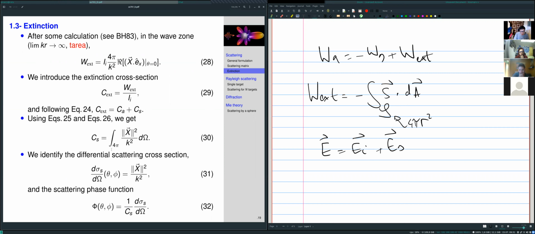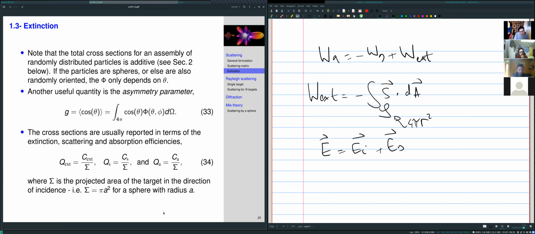So that's the total scattering cross section, and we integrate over the whole sphere, which is why we have an integral over all solid angles. Then we identify within the integrand what we call the differential scattering cross section, a cross section per unit solid angle. And the phase function is the same, but just relative to the total cross section.